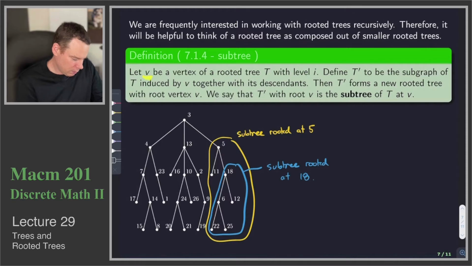So if V is a vertex of a rooted tree at a certain level, so here we've got 5 is at level 1, then we define T prime to be the subgraph of T induced by V together with its descendants. So we take 5, all of its descendants, and form the induced subtree of that. And that's the subtree rooted at 5. And similarly for the subtree rooted at 18.